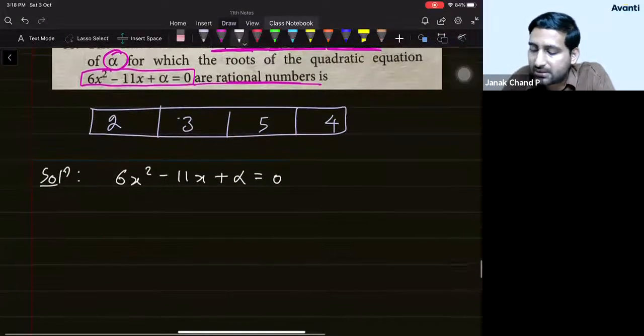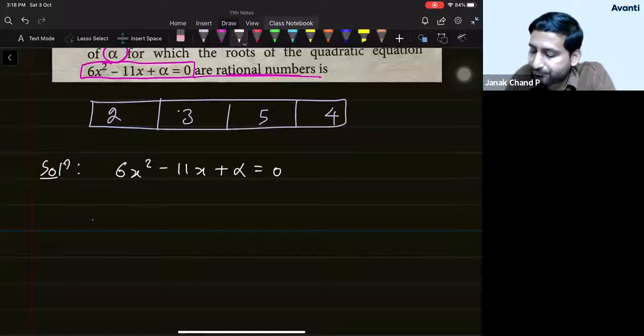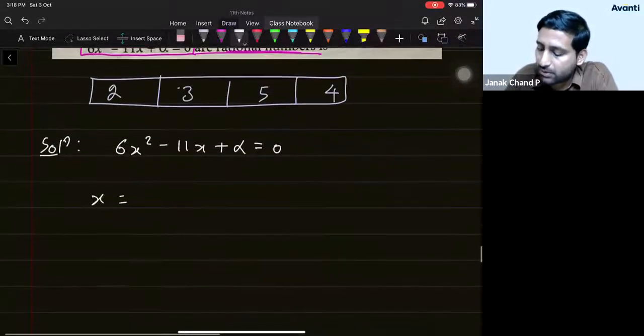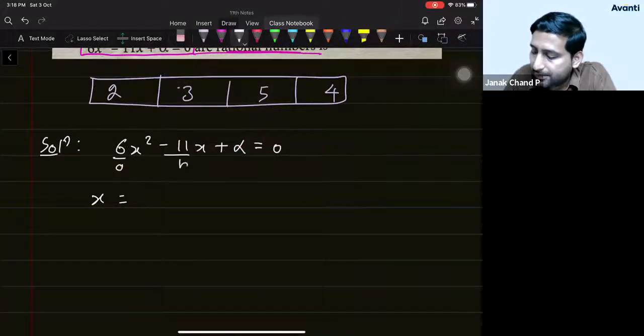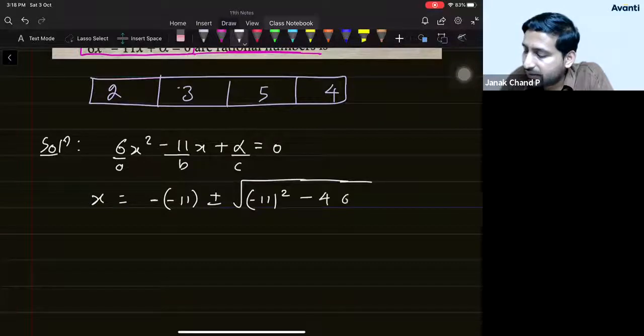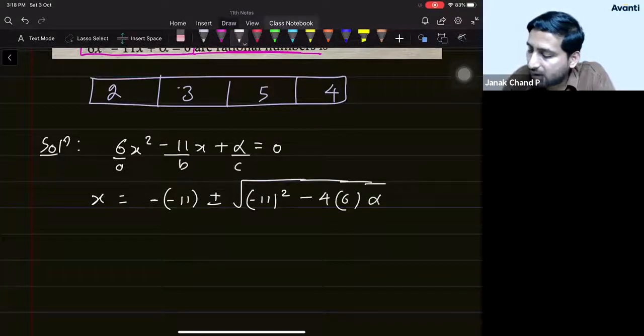See, the solution of this equation is given by x is equal to, what would you say? This is obviously a, b, and then c. So you would say negative of b plus or minus root of b square minus 4 times a into c. So a is 6 and c is alpha, whole divided by 2 into a.